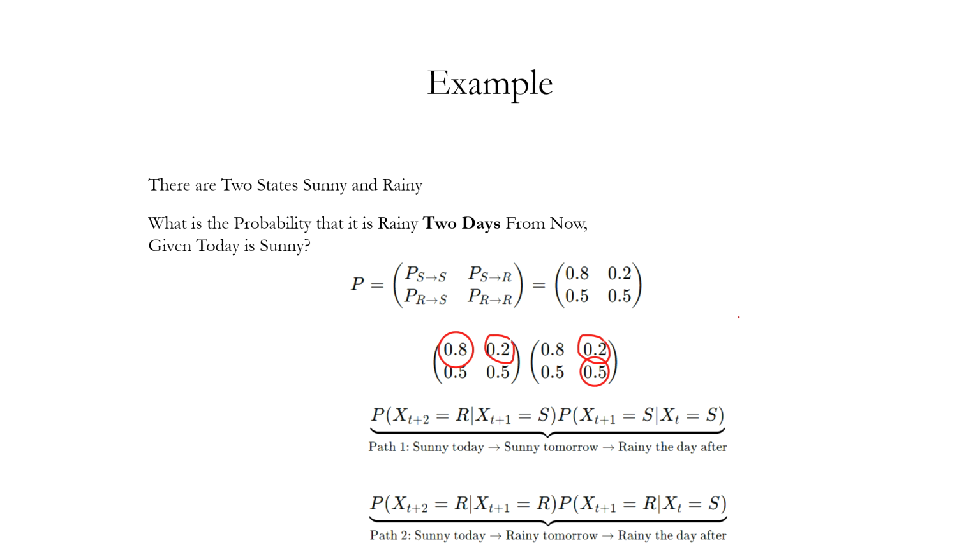And then we've got path 2, right? We've got X(t+1) is equal to rainy, given Xt is equal to sunny, times the probability of X(t+2) is equal to rainy, given X(t+1) is equal to rainy, right? So we're covering all the possibilities of what could be happening, okay?